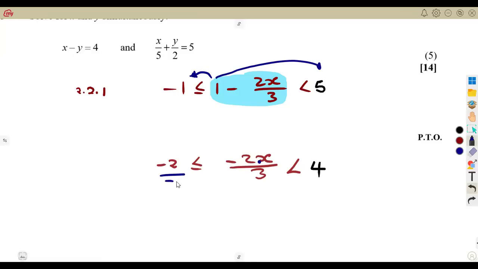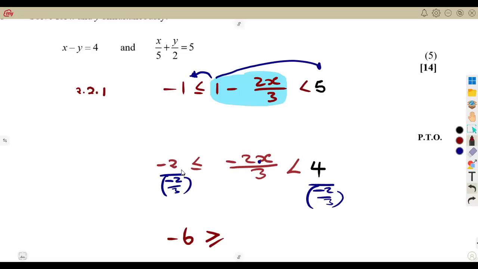So you can divide by -2 over 3 here, and you can divide by -2 over 3 here. But noting that the moment you divide by a negative, the sign changes. So you're going to get your -6, but the sign reverses. It will be like this. It is reversed.